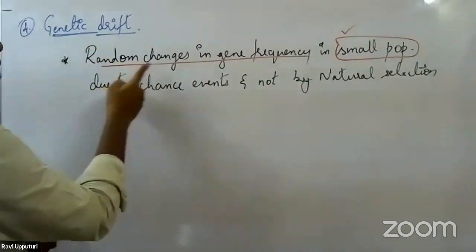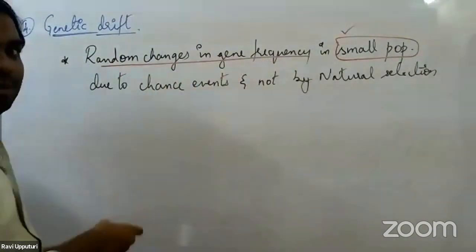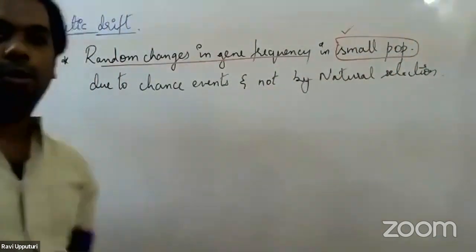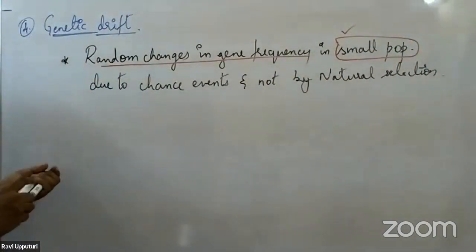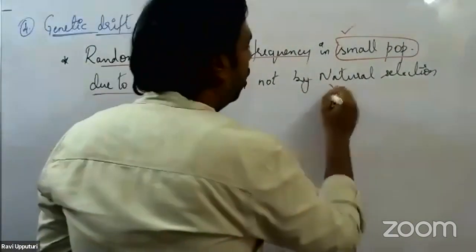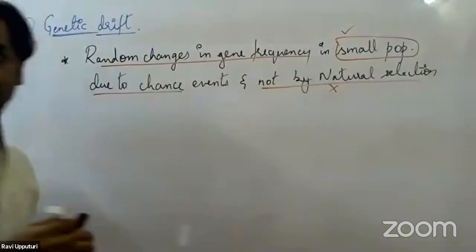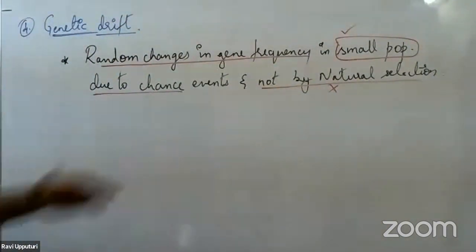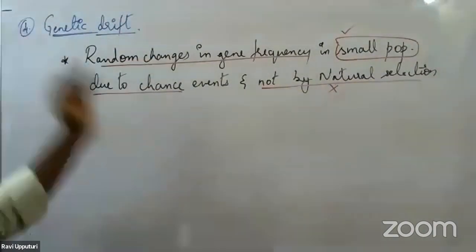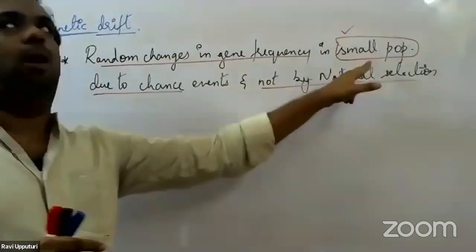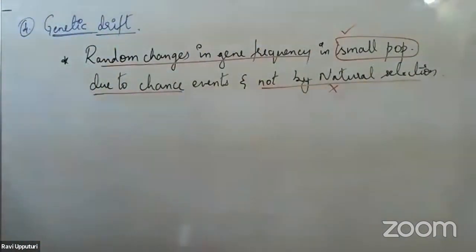The third important thing is that it is caused by chance and not by natural selection. So the changes in the gene frequency which are because of chance, but not by natural selection, and that too in a small population, is called genetic drift.